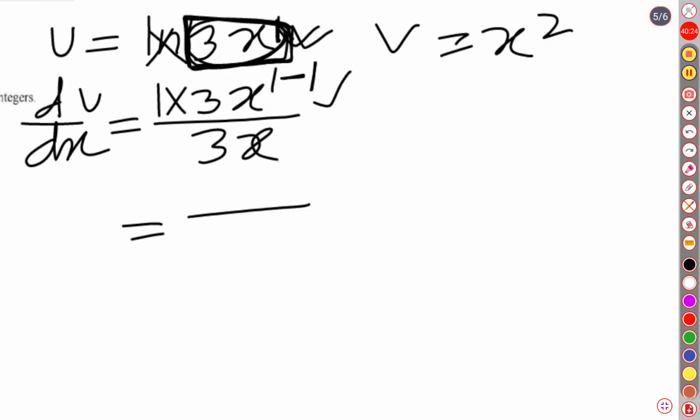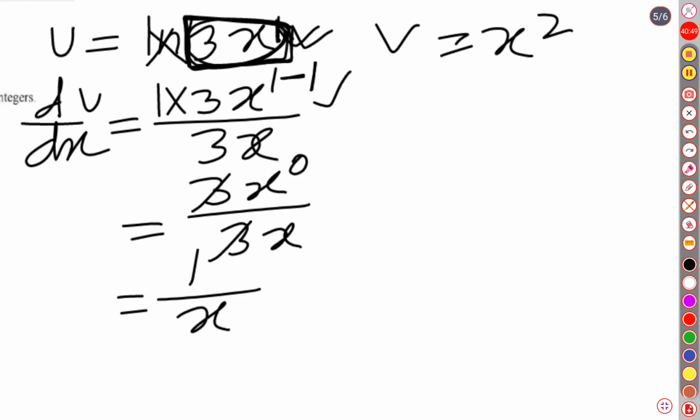So it is going to be 3x raised to 1 minus 1, which means 3 raised to x to the power 0. So 3 is the coefficient and x raised to 0 is 1, and the denominator is 3x. So if we simplify ln 3x, we get 1 over x.